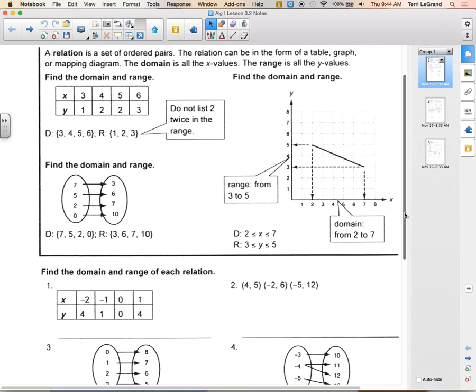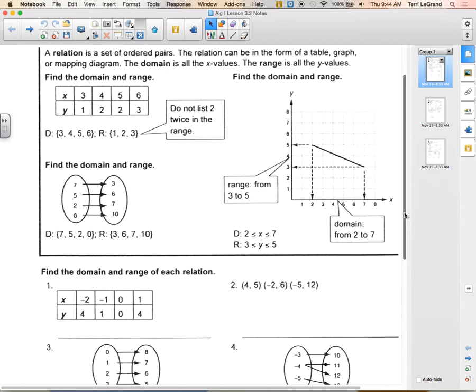The domain is made up of all the what? Noah? The X coordinates that are on the points. Okay, the X coordinates of the ordered pairs that make up the relation. So the X coordinates of those ordered pairs that form the relation make up the domain. Well, what's the range then? Brendan?